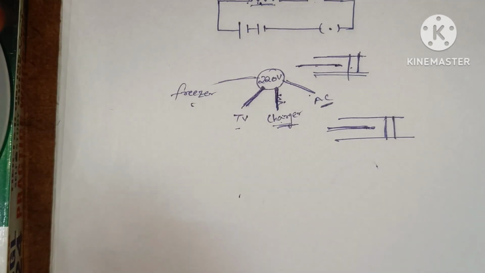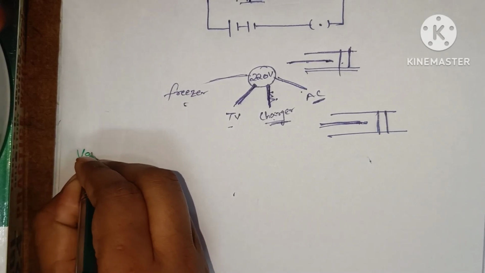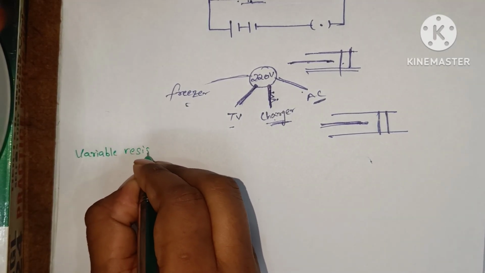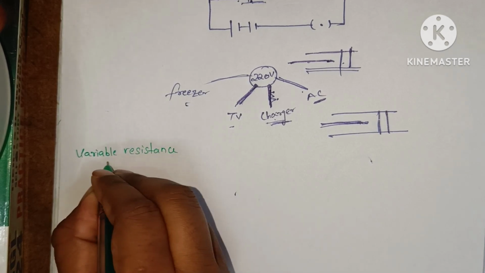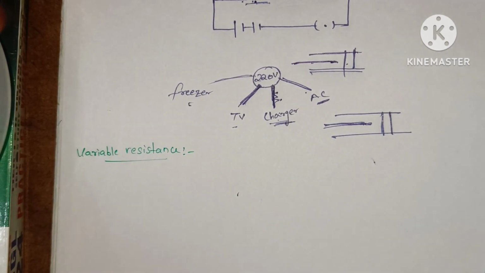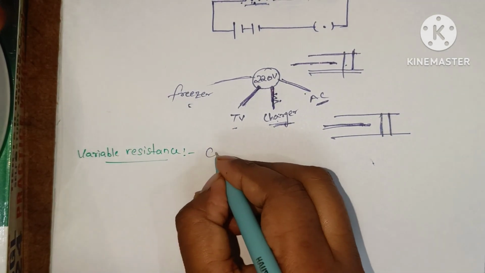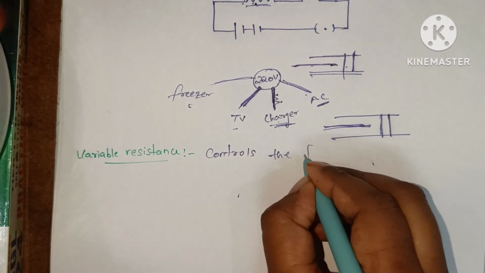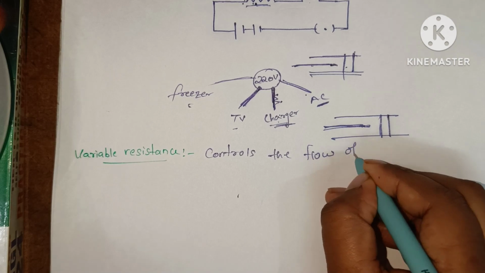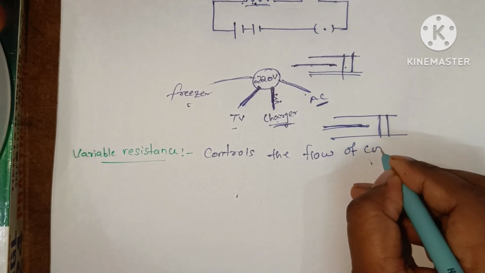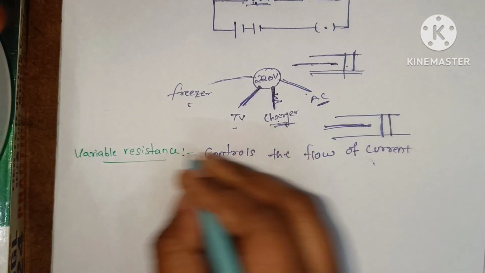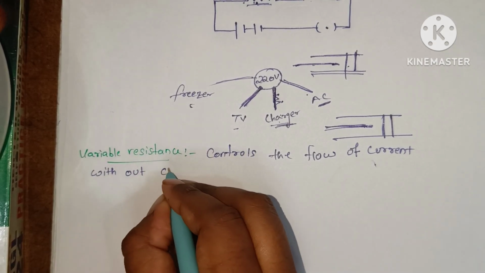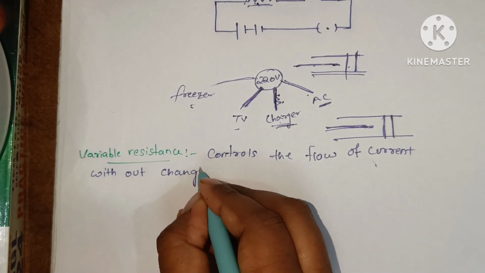Okay. So next, variable resistance. What does variable resistance mean here? It controls the flow of current without changing the voltage.